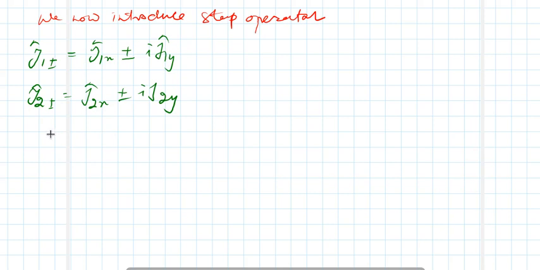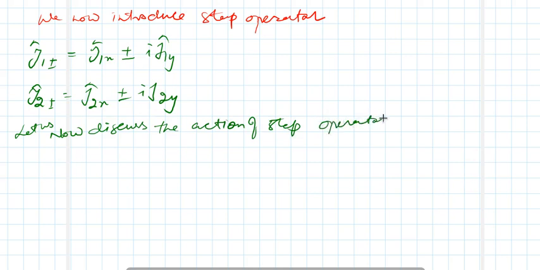Now let us discuss the action of the step operator on |J1 J2 M1 M2>, right?